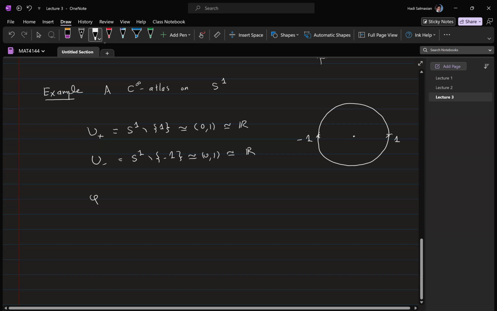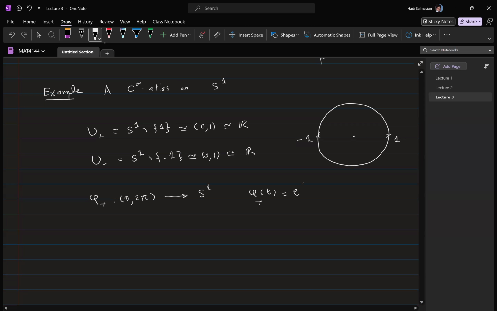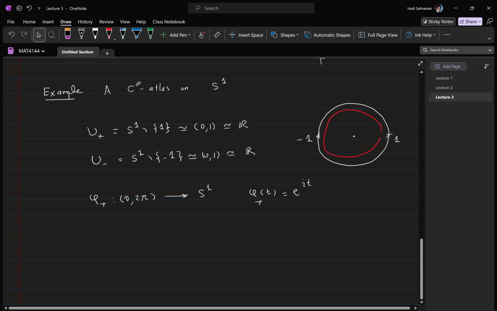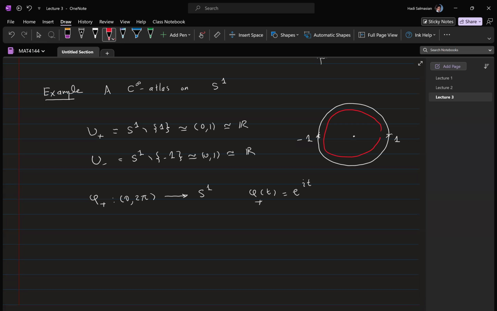So I take these maps phi_plus that goes from, maybe I should have chosen the interval 0 to 2 pi, but anyway, I have made my choice already. So I take this map that goes from this into S^1. So phi_plus(t) is e^{it}. So clearly, the image of this map traverses the circle. It excludes 1 because e^{2 pi i} or e^0 would have been 1, but it's not included.